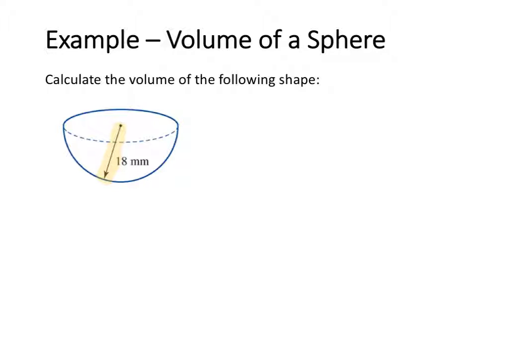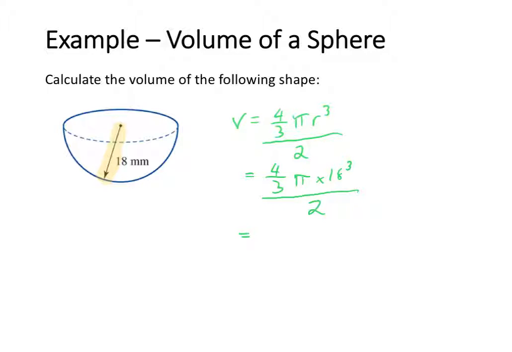So my first step is going to be write the formula. So volume is equal to 4/3 pi r cubed, and I'm dividing that by 2 because it is a semisphere. So next I'm going to substitute in my radius value of 18. So 4/3 pi times 18 cubed, divide that by 2.